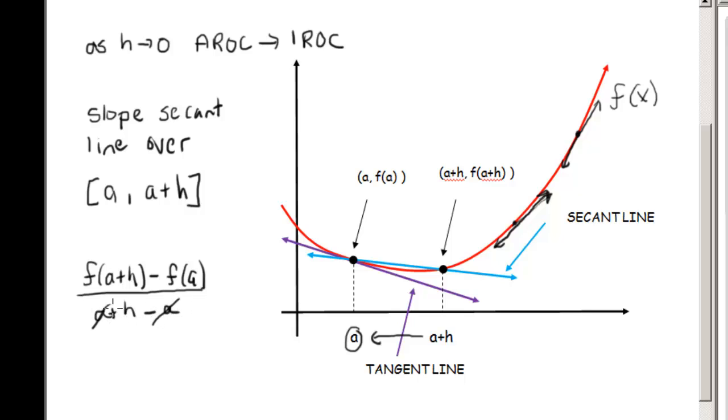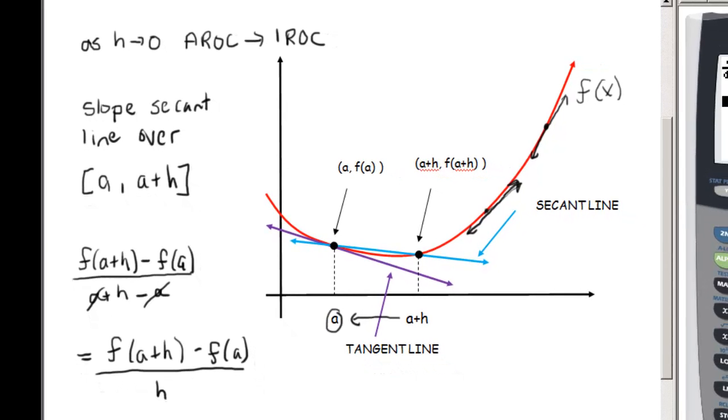Notice how those two cancel out, and we get f of a plus h minus f at a, all over h.